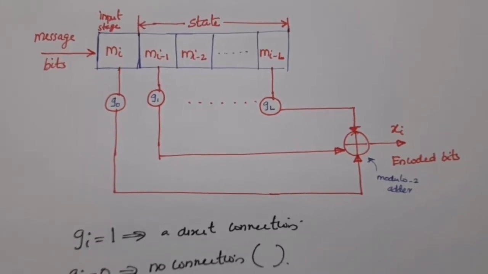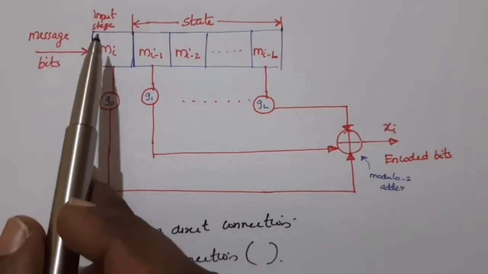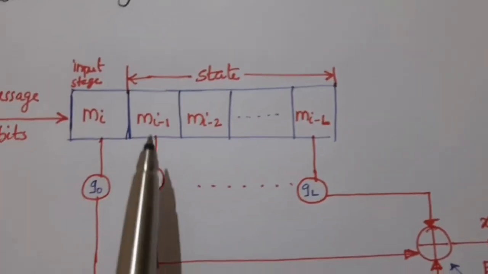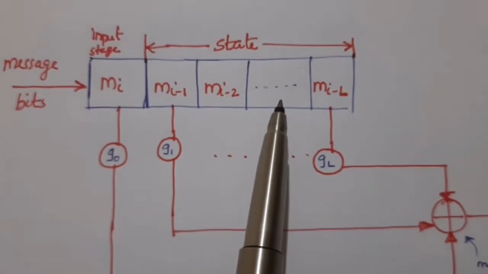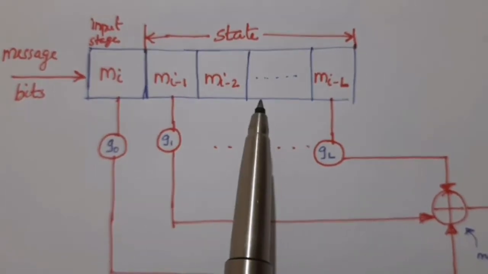The first stage to which the input is given is referred to as the input stage, and the remaining L stages of the shift register define the state of the encoder.